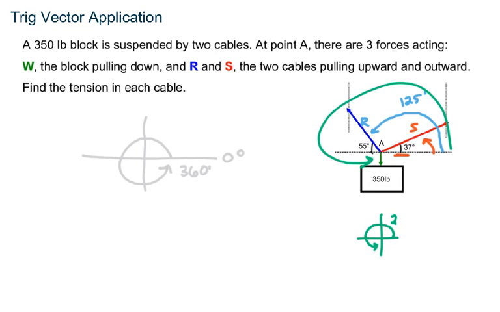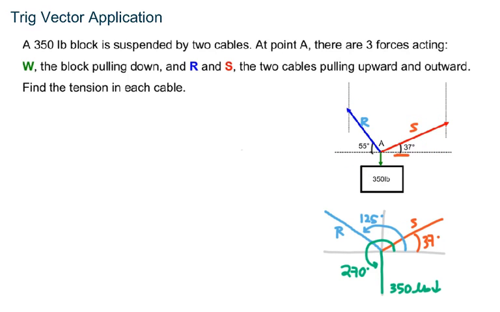And so what we see is we have that 270-degree angle there. So I've drawn us another picture here to relate how we're going to change those angles when we use them to solve the problem. So when we think about the angle associated with the 350 pounds, that will be 270. The angle associated with R will be 125, and the angle associated with S will be 37.